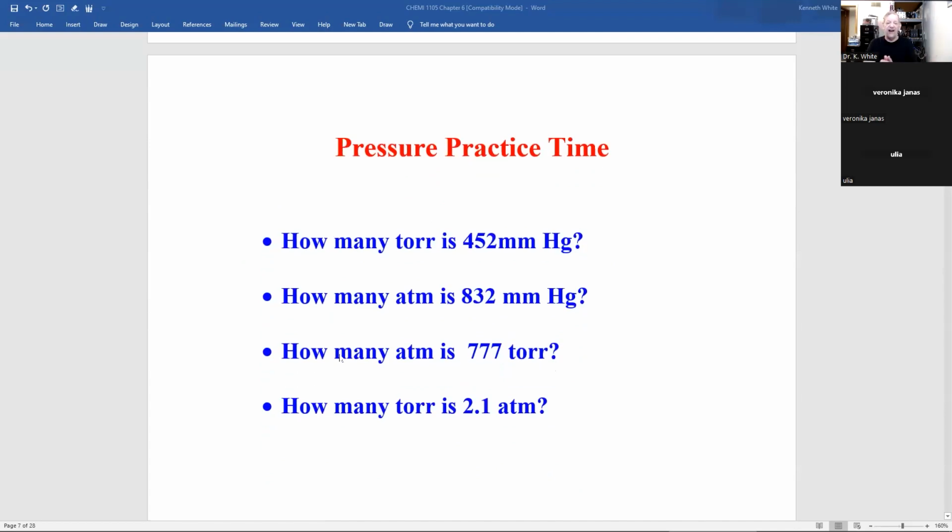Now it's practice time for pressure. Let's do some of these. How many torr is 452 millimeters of mercury?